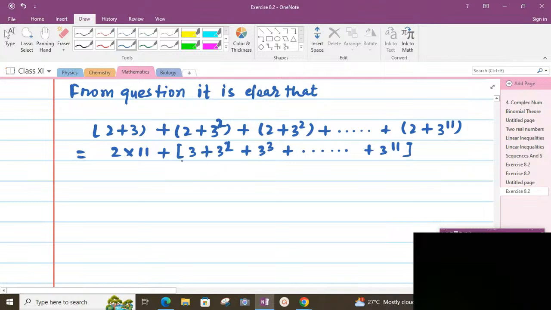So this part is in GP. So here we apply the GP formula.